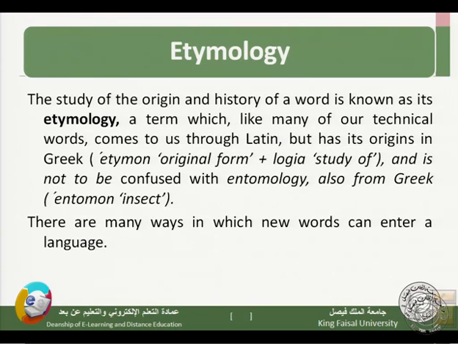This word, etymology, comes from the Latin language, but has its origin in Greek. Latin got it from Greek, and the English language got it from Latin. So, etymon means original form, and logia means study, the study of the original form. It is not to be confused with entomology, also from Greek, where entomon means insect, so the study of insects.